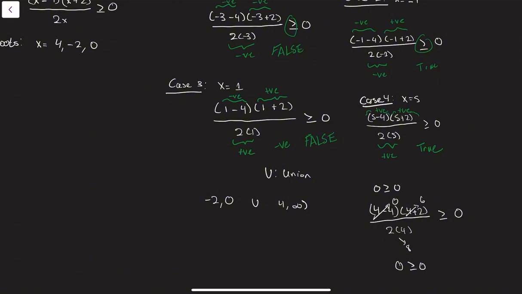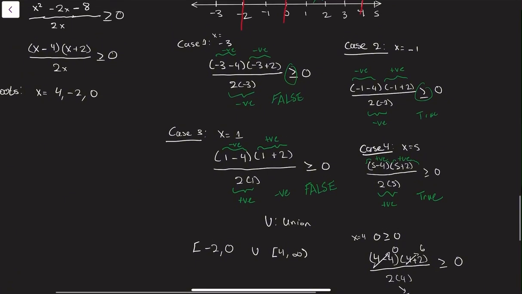So for 4, when x is equal to 4, we have the endpoint being part of that solution set. So we can include the closed bracket. And the same is true when we have -2. What about with 0? We can't do that with 0 because recall, 0 on the denominator makes this point discontinuous.